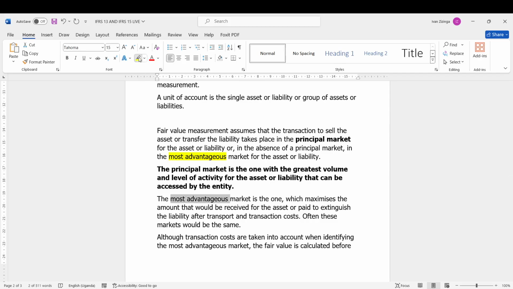And we've said that the most advantageous one is one that gives us the highest value for our asset. That's why the standard defines it as a market which maximizes the amount that would be received for the asset or paid to extinguish the liability after considering the transport cost and the transaction costs.